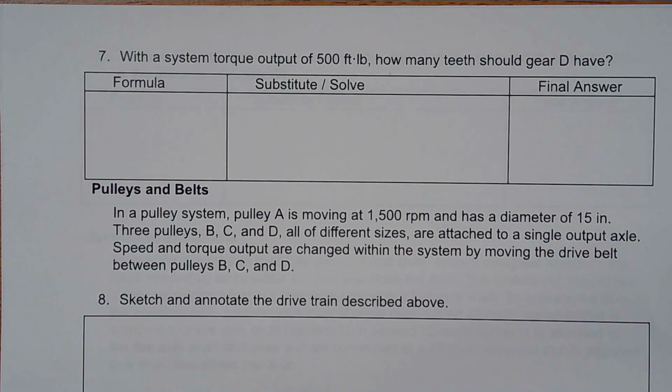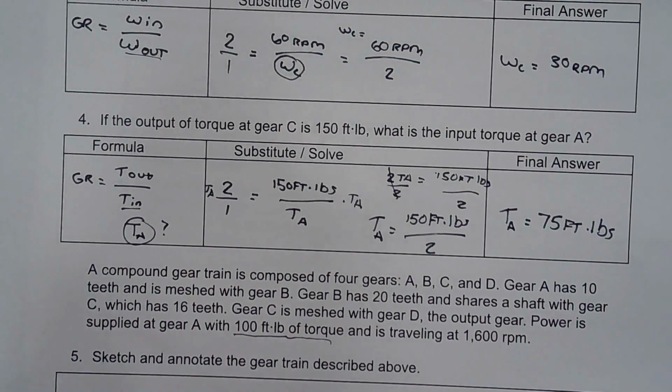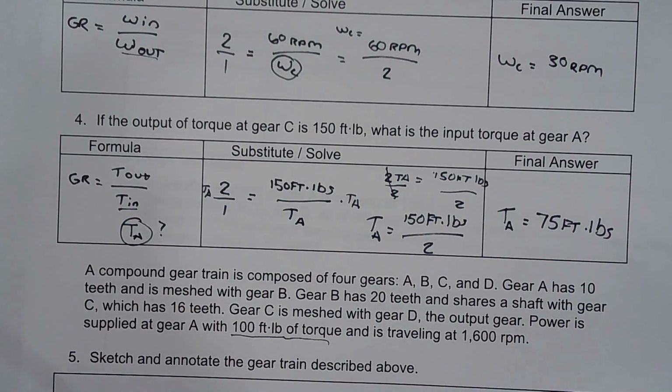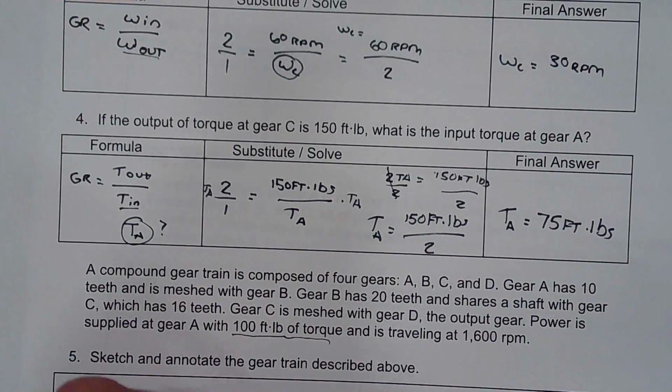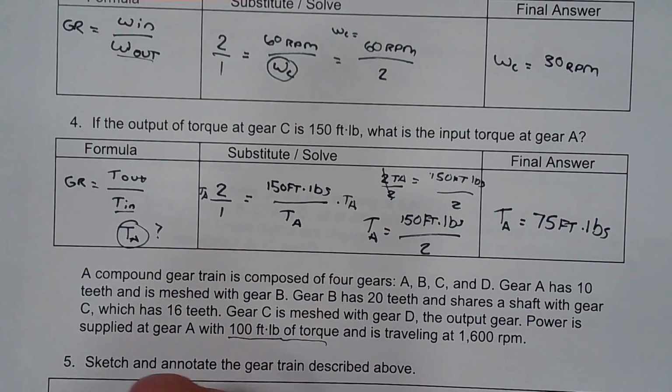Okay. With a system torque output of 500 foot-pounds, how many teeth should gear D have? So we're going to look back here. If I have a system output, I'm putting in 100 foot-pounds, and I'm getting out 500 foot-pounds.